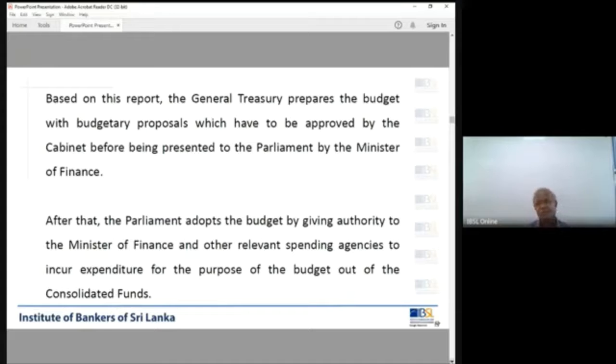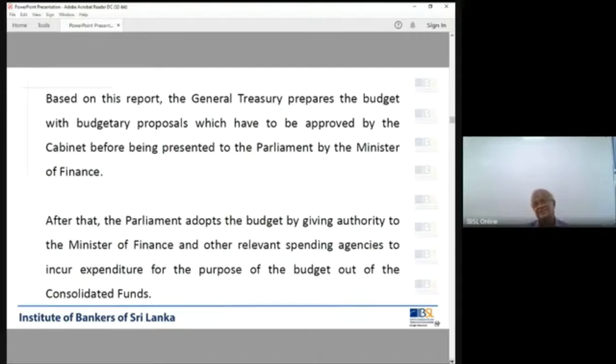The cabinet of ministers can approve, but that's not enough. Right? In that discussion, one of the ministers might say, okay, I need more resources. I have these types of projects, and these resources are not enough. But initially they produce the resource plan.